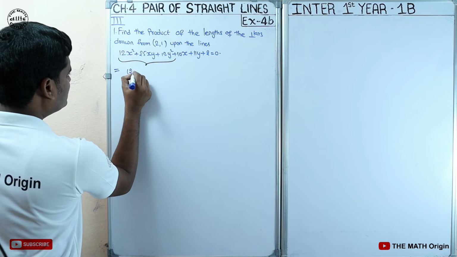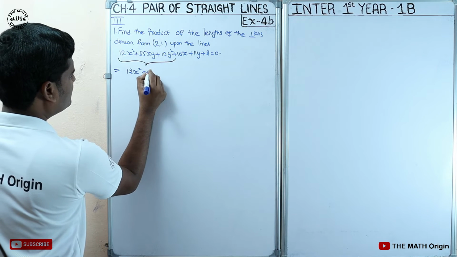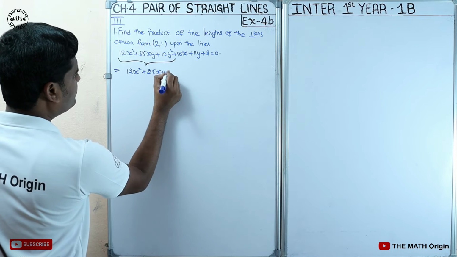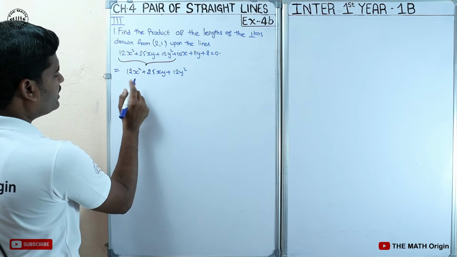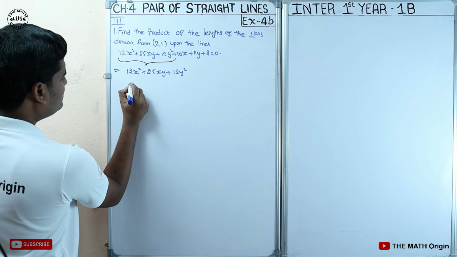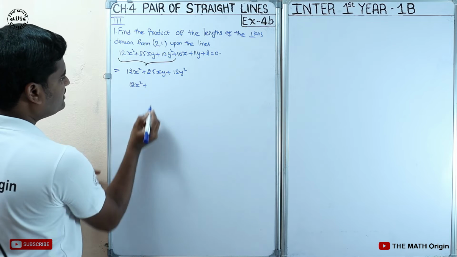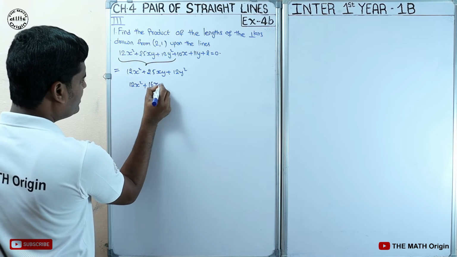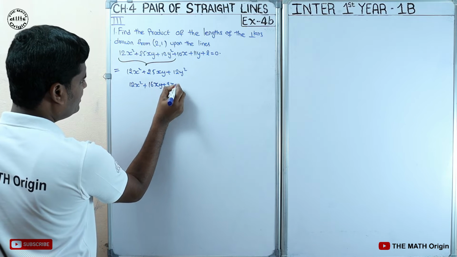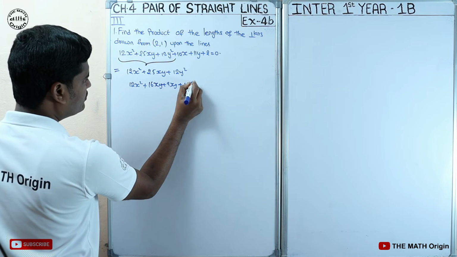This is quite important, please look into it here. If you take a factorization, here it is 12x square plus, for 25xy I will make it as 16xy plus 9xy, plus 12y square.